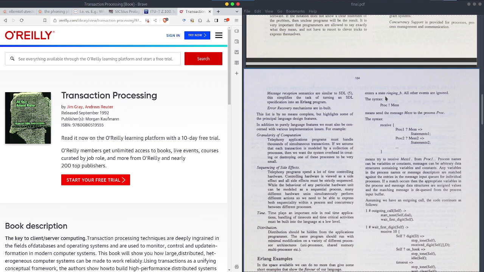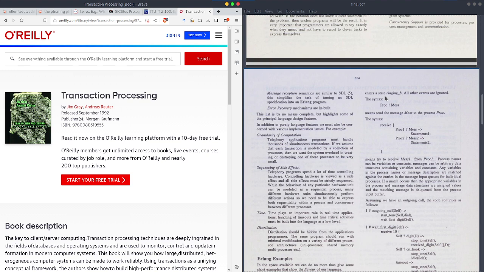The syntax proc exclamation mark mess means send the message mess to the process proc, and the syntax receive proc blah blah blah means try to receive message from proc. Process names can be variables or constants. Messages can be arbitrary data structures containing variables and constants.